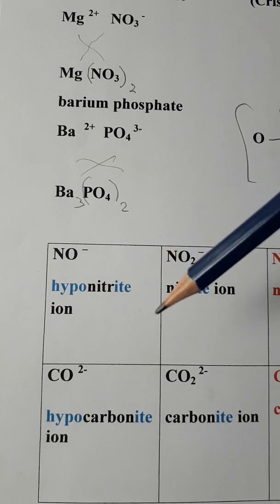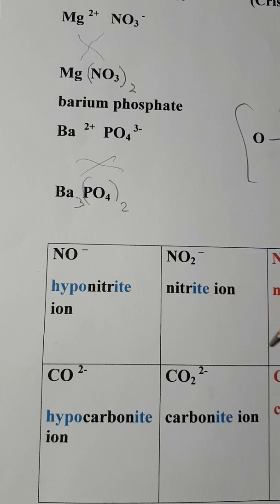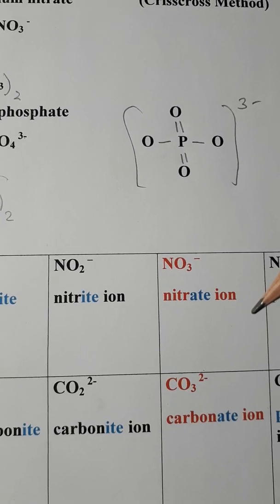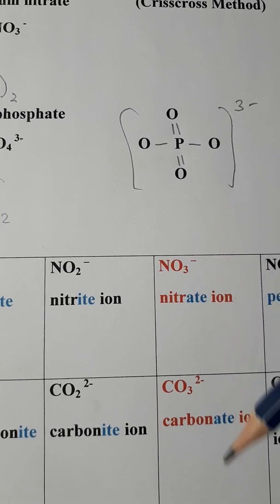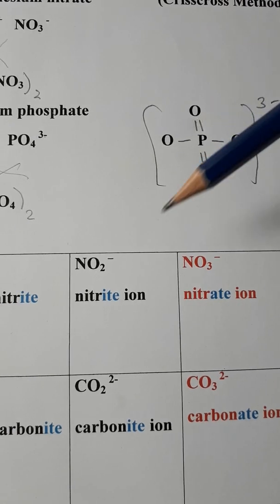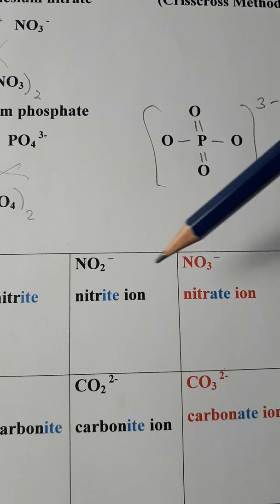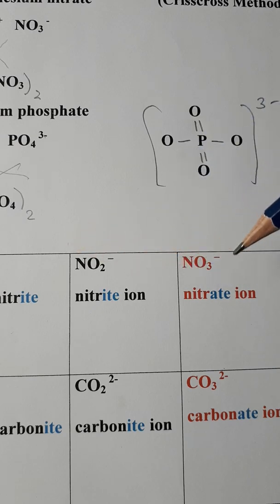And this pattern continues for all the other ions too. So that way you can easily remember the names of other ions derived from our basic ions. And you can see when you do that, the charge does not change. For example, for nitrates, the charge is only -1, -1, -1.